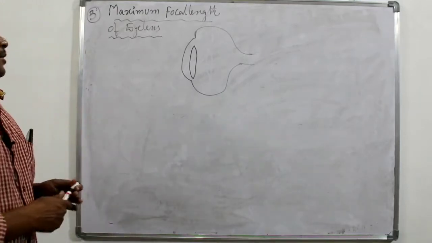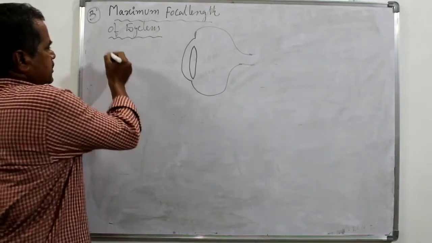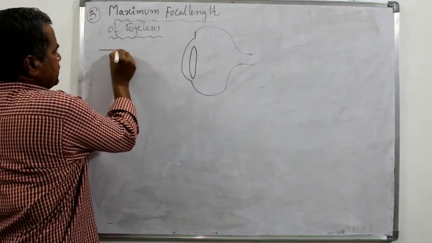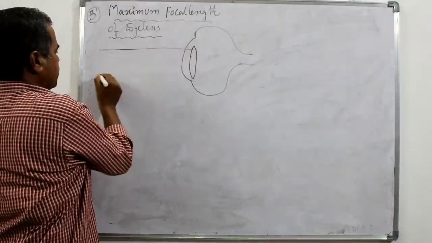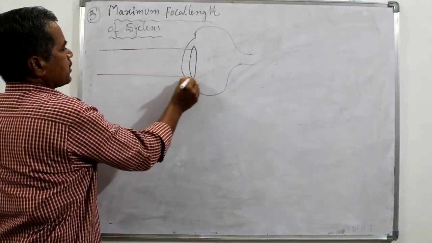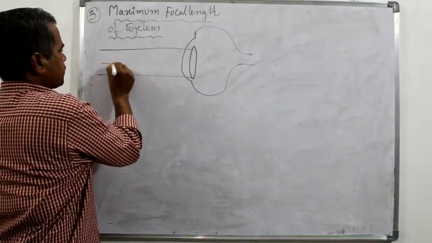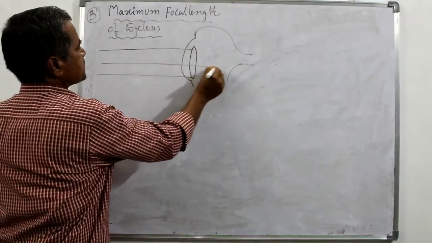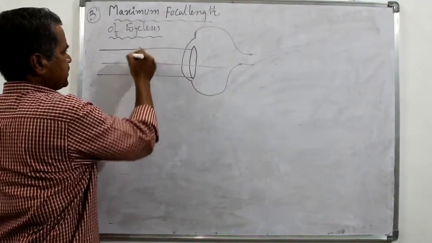For example, consider the light rays which come from the objects placed at maximum distances.